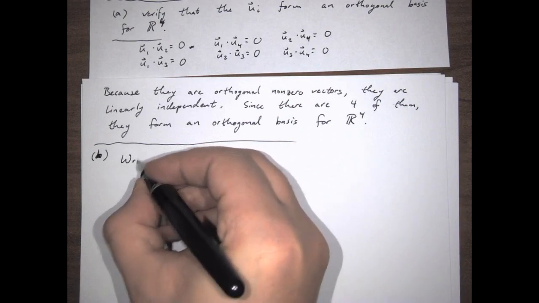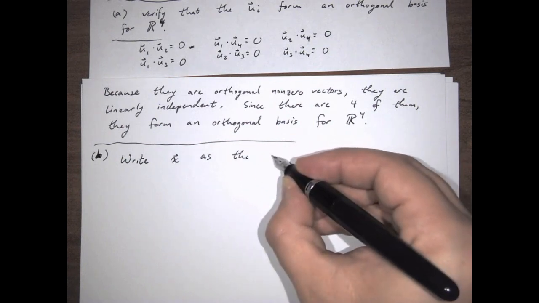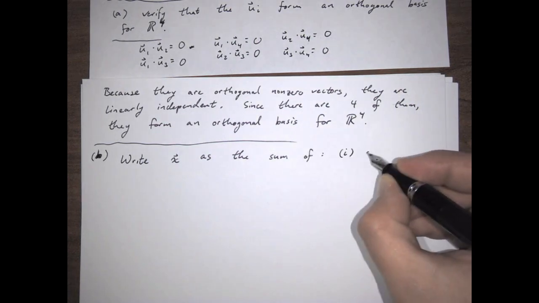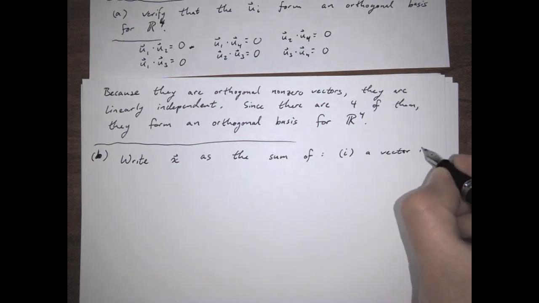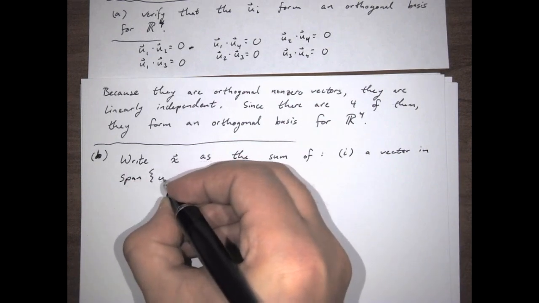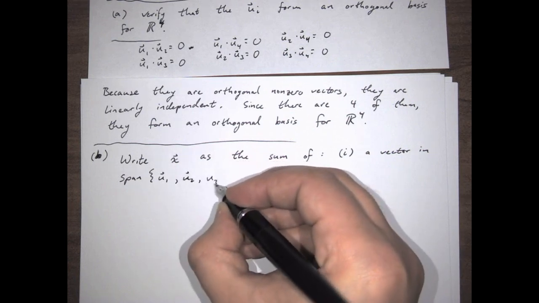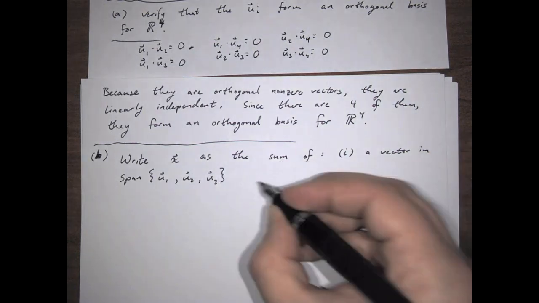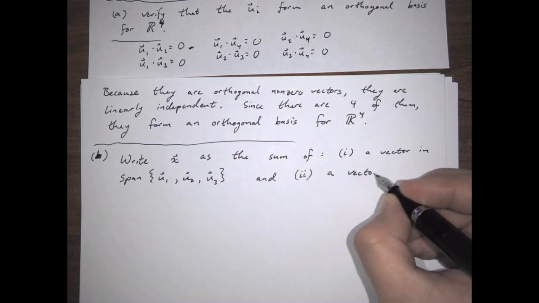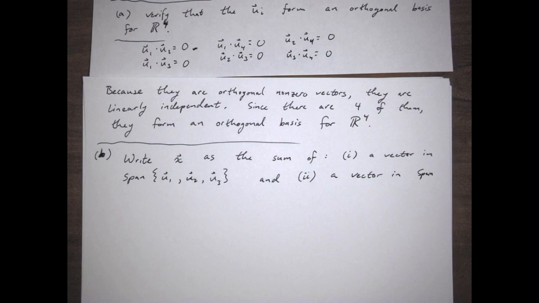So write x as the sum of, first off, a vector in the span of u1 up through u3, and 2, a vector in the span just of the u4.